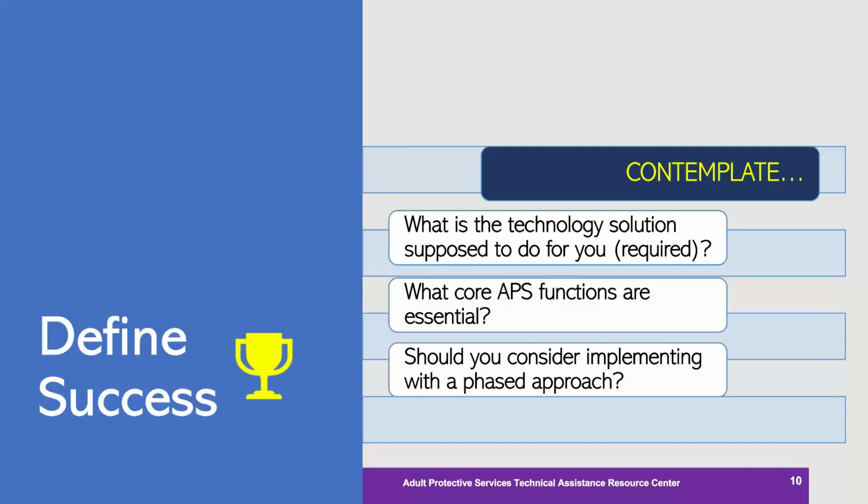Again, I'm not an APS software expert, but defining your success is key to defining your scope. The scope is also something that you should look at in the functions of the software. So your core functions are something that you should look at. What functions should the software cover? Maybe mobile features, photo capturing, documentation management, maybe metrics.